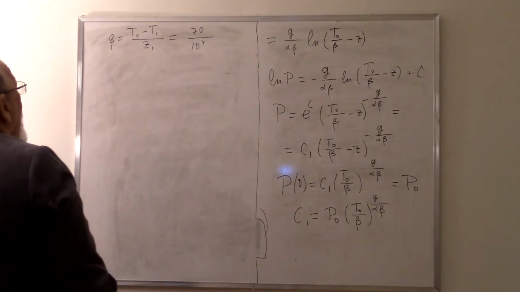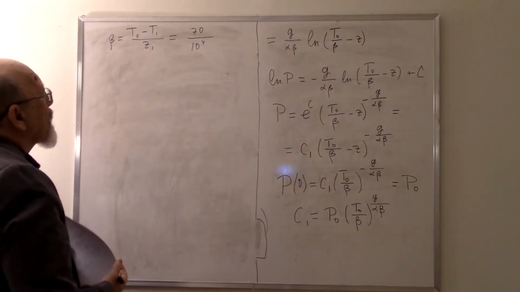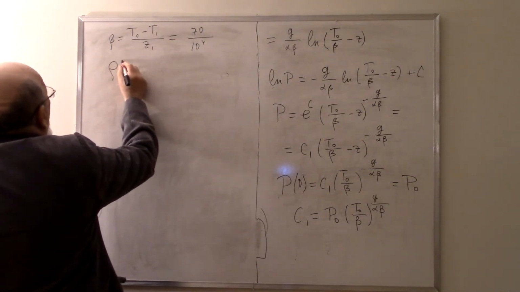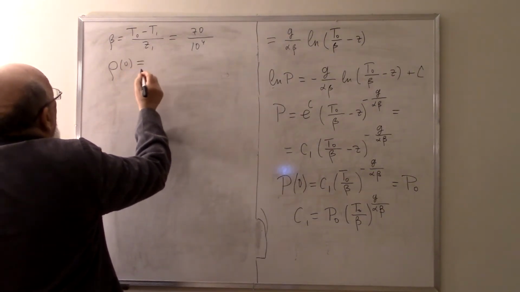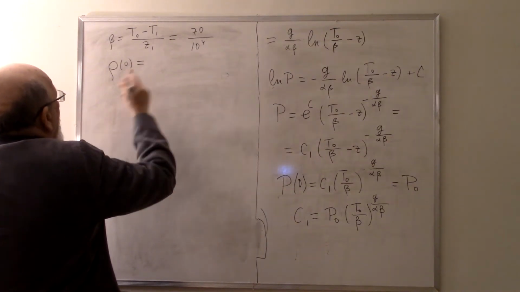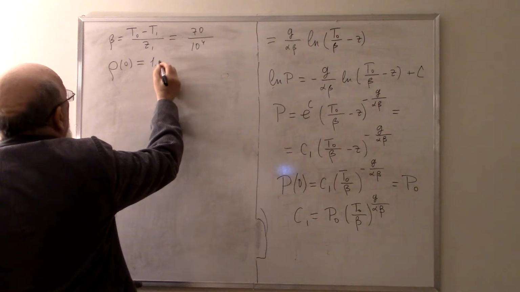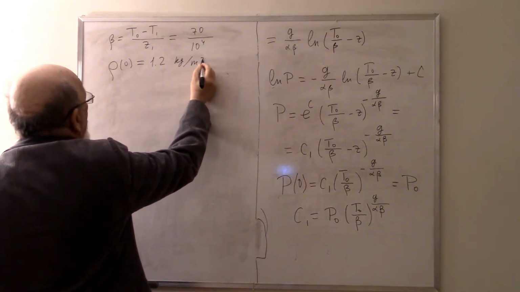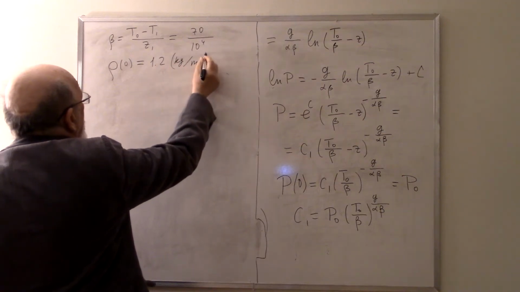Now, about alpha. Rho of 0 equals 1.2 kilograms per cubic meter.